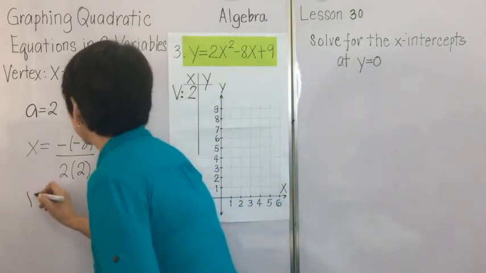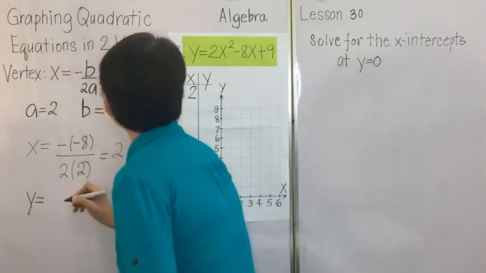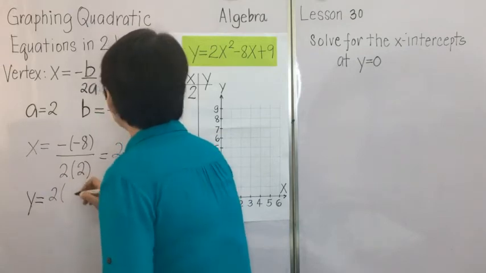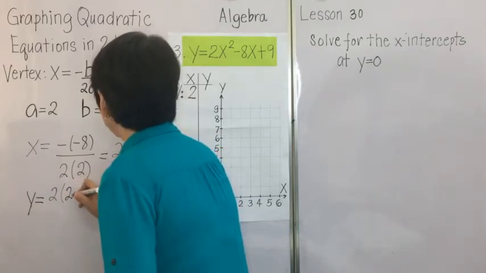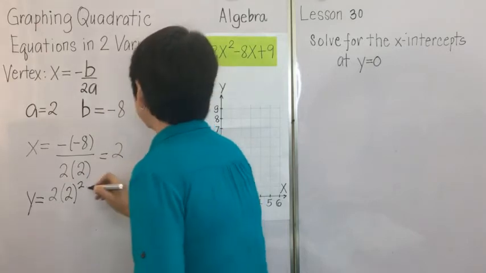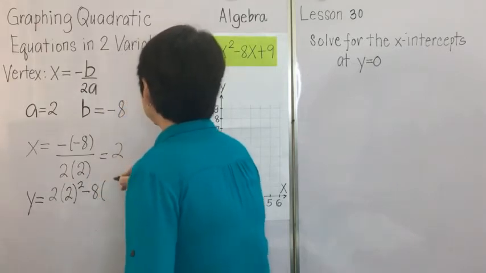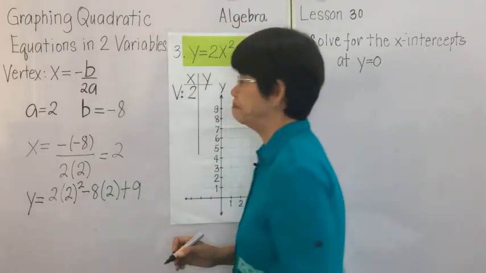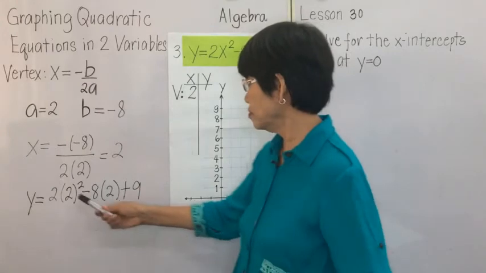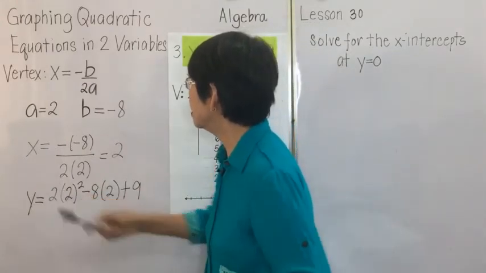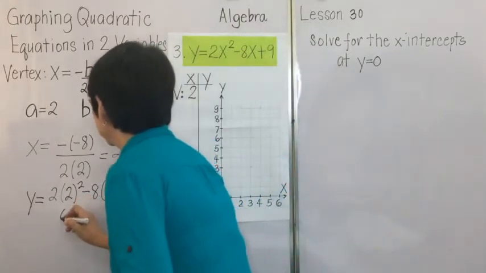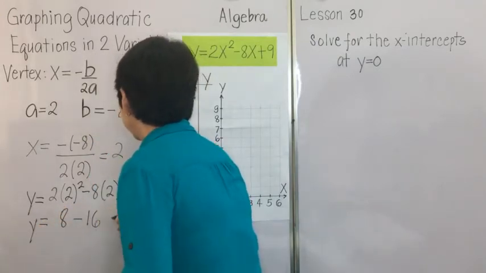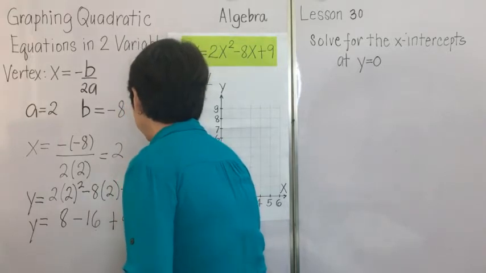So y is equal to 2 times 2 squared, or 4, minus 8 times 2 plus 9. So we have 4 times 2, 8, minus 16 plus 9.